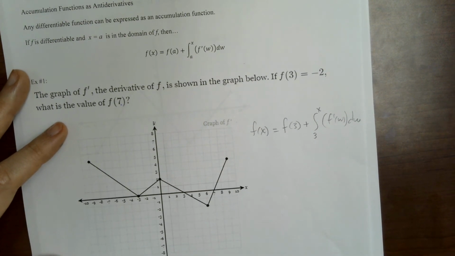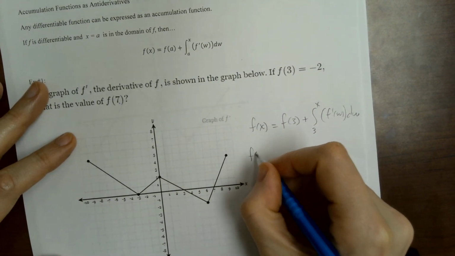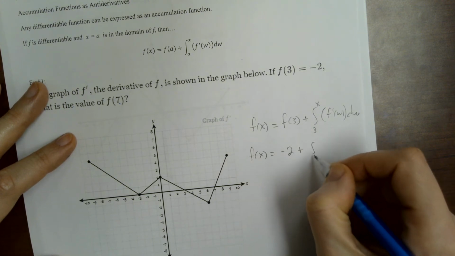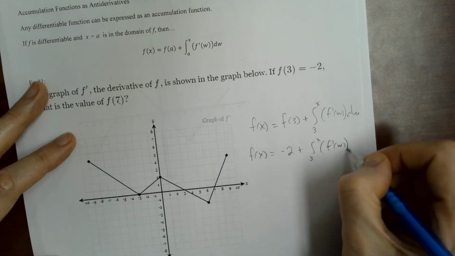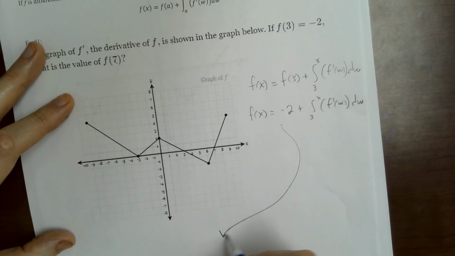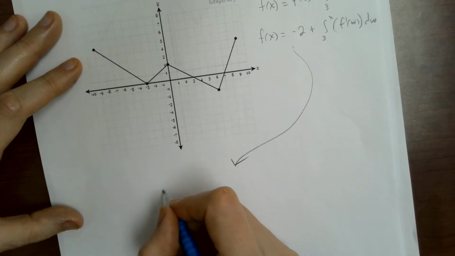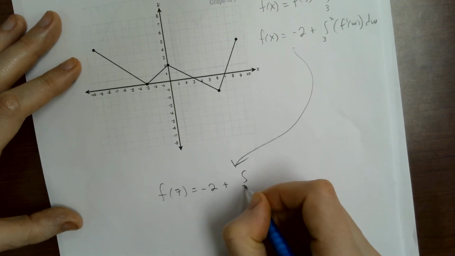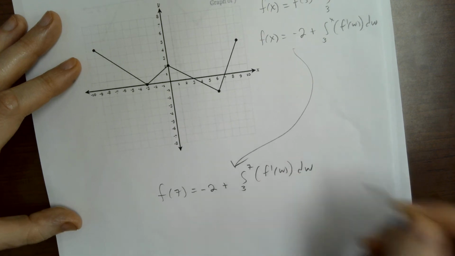So I've got f of x is equal to f of 3, which is -2, plus the integral from 3 to x, f prime of w dw. Okay, let me come down here. So I want f of 7. So f of 7 is equal to -2 plus the integral from 3 to 7, f prime of w dw.